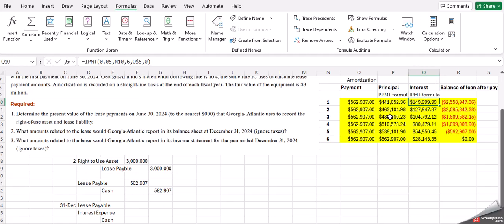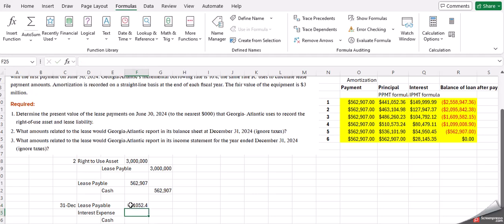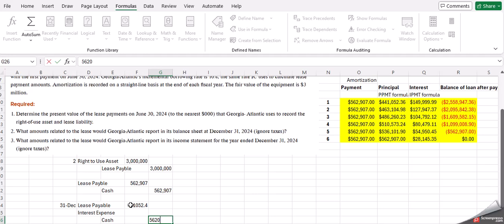So this would be more if all the payments were made at the end of the year. The first payment though is going to be the 441,052.36 coming out of the lease payment, and then the cash is 562,907, and then the difference is going to be the interest.